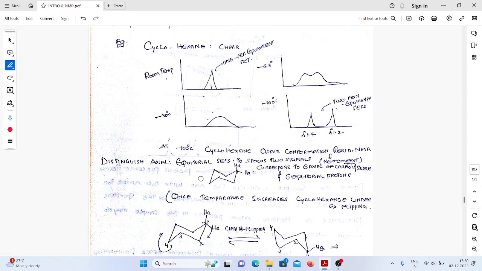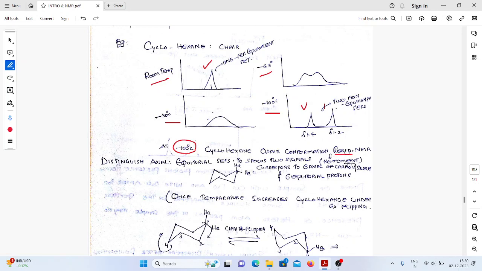What is happening? The single signal is converted into two signals as we go from room temperature to minus 30, to minus 100 degrees centigrade. At minus 100 degrees centigrade, the cyclohexane chair conformation becomes rigid.